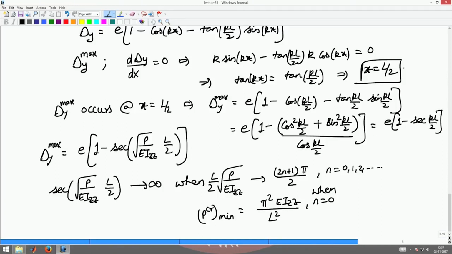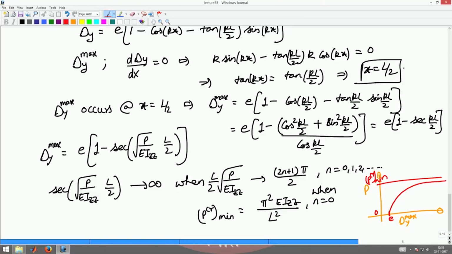So if I were to plot delta y max as a function of P, then as P tends to P critical minimum, delta y max will vary from E when P is 0, and it will go asymptotically to that P critical value.